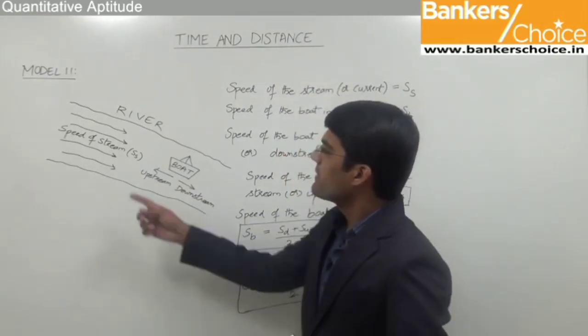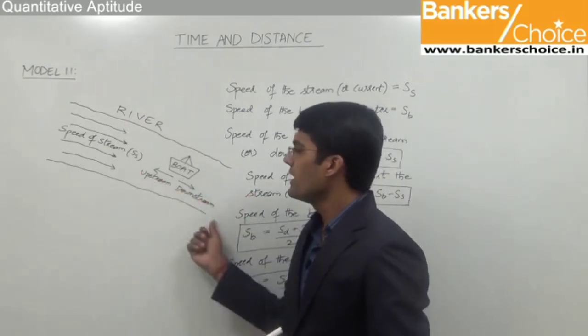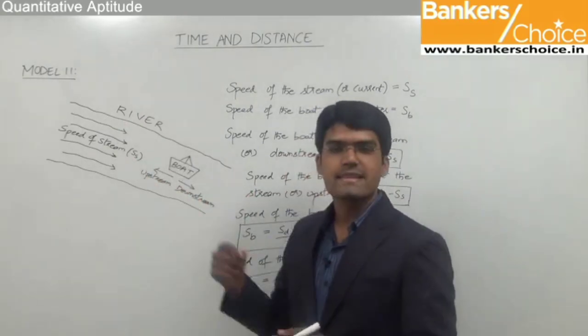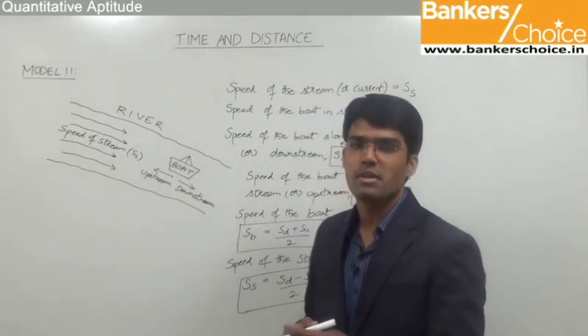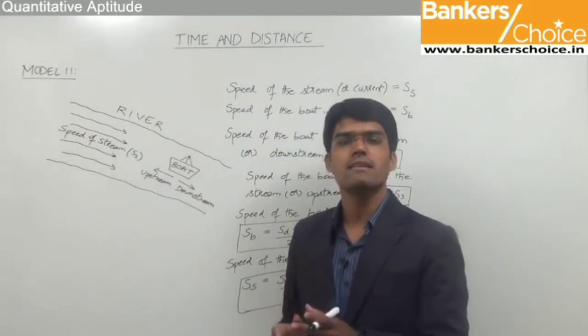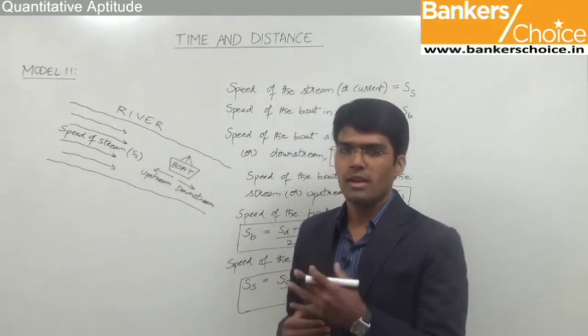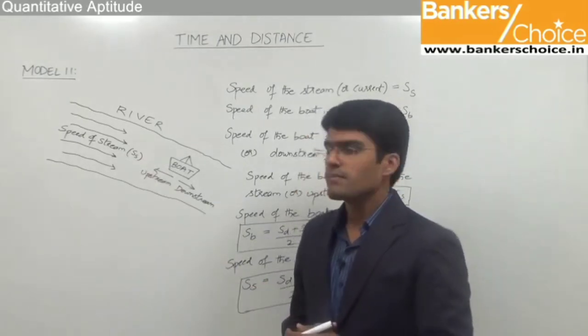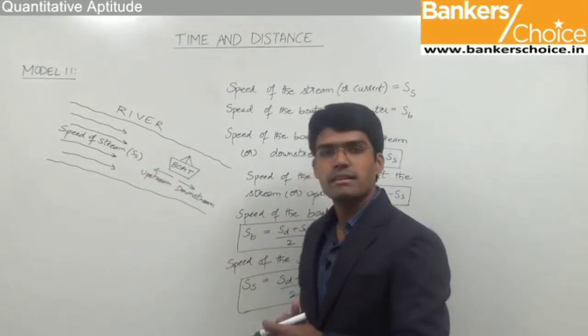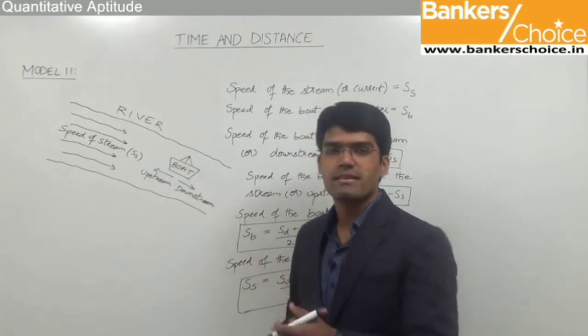As you can see here, we have a river which is flowing at a certain speed, that is SS. It is nothing but the speed of the stream, or it can also be called the speed of the current. A stream or current is nothing but flowing water, and whenever the water is flowing, it has some speed which is taken as SS. Let us consider a boat here in this river which has to cover a certain distance.